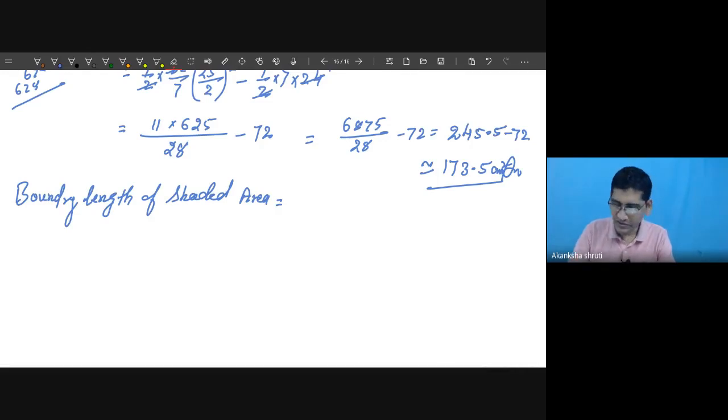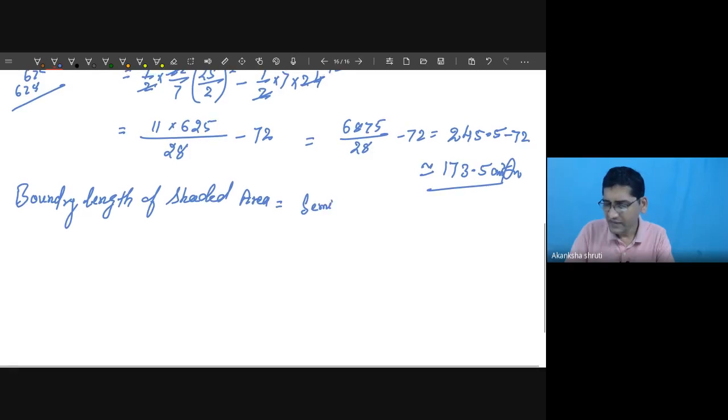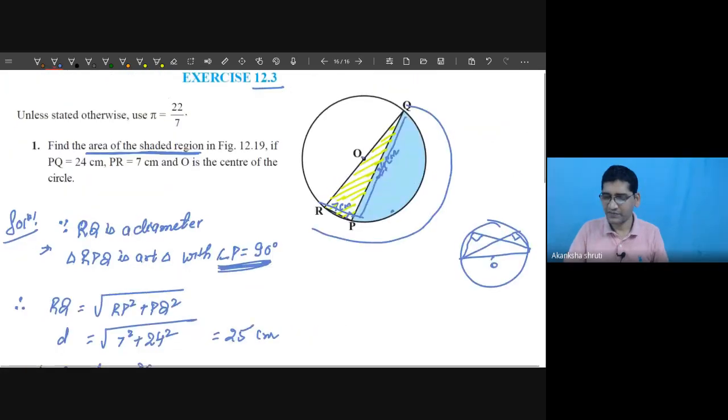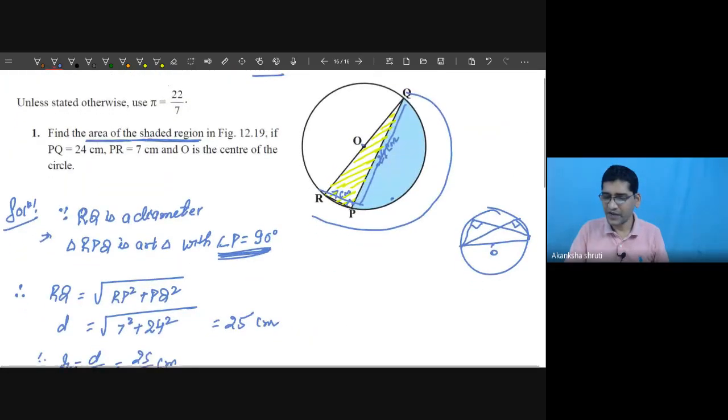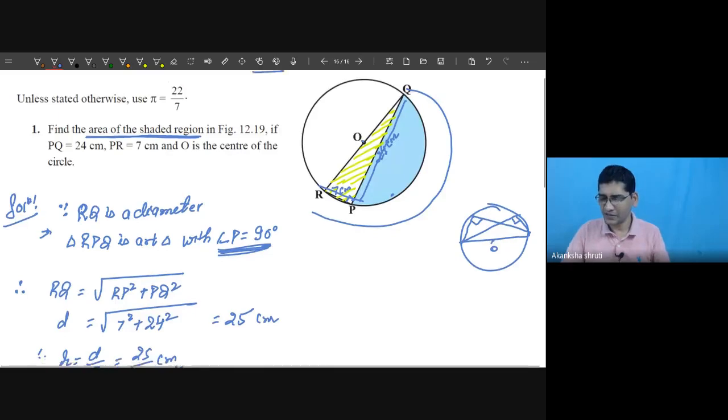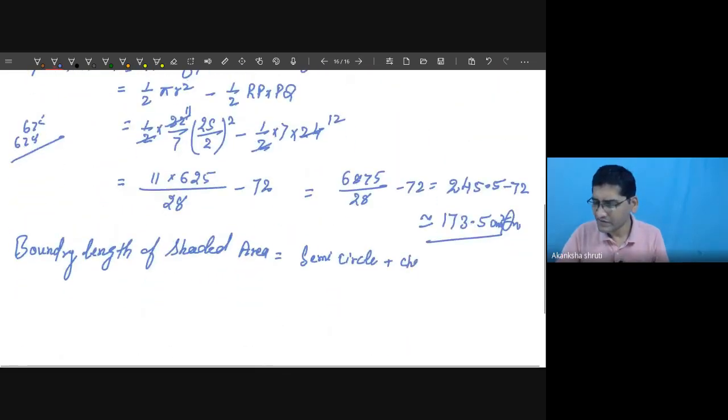So just to do it, this is equals to how much? Semicircle plus chord RP and PQ, plus chord RP plus chord PQ.